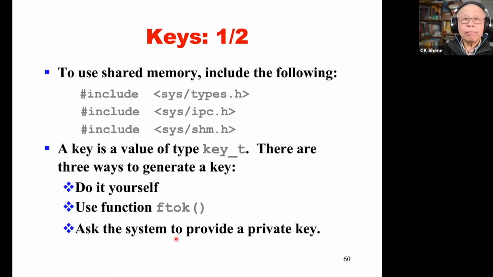Well, it's very simple. As long as other people know the key value, they will be able to use your shared memory. So sometimes to keep your shared memory private, you could ask the system to provide you with a private key. We will talk about it later.